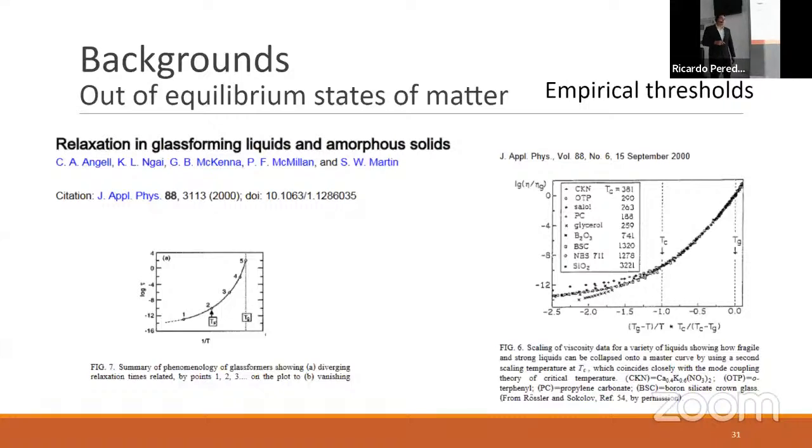Such slow dynamics are actually observed in structural relaxation times, in the very large increase in the structural relaxation times, or very large increase in the system's viscosity, where Tg is the temperature in which they found the glass transition for such systems. And these are just empirical thresholds for which a very large increase in these properties is expected for the transition towards out of equilibrium states.